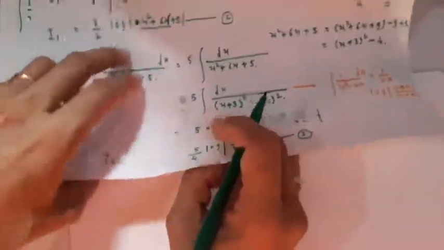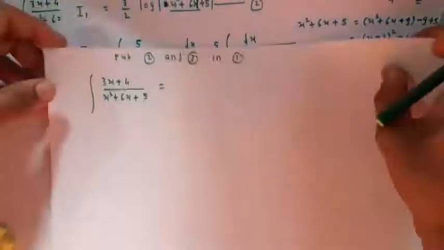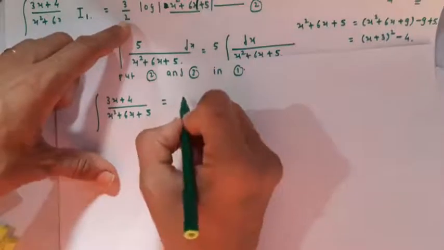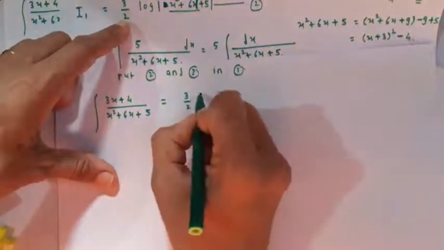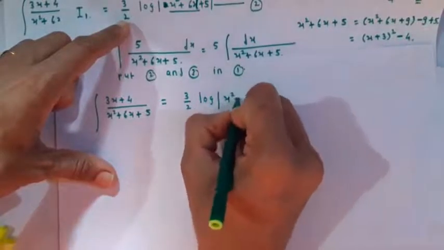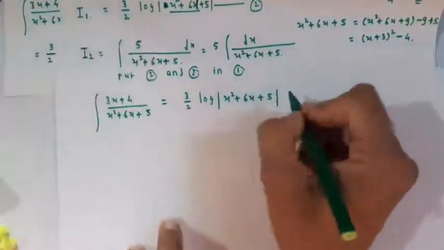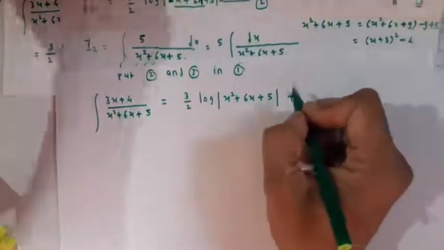That is, here I1 is 3 by 2 log of x square plus 6x plus 5 plus I2. We have found out the integration I2.